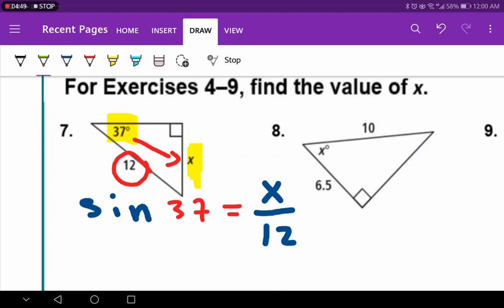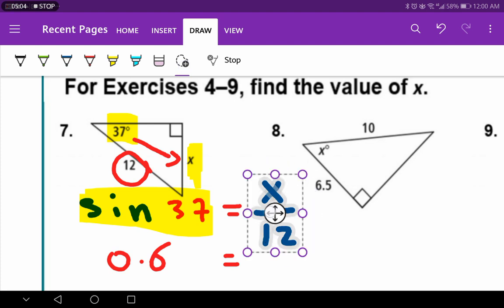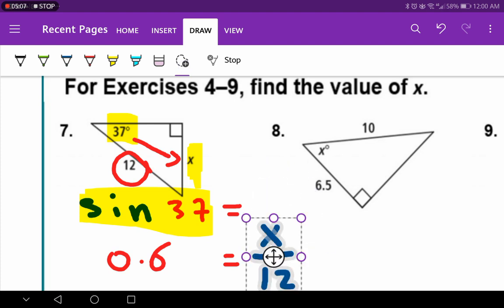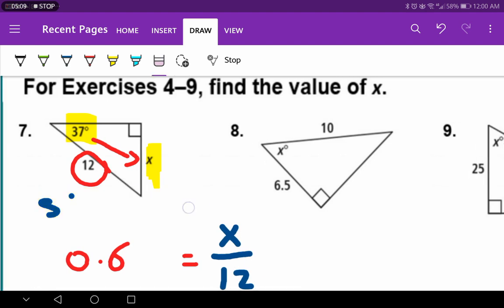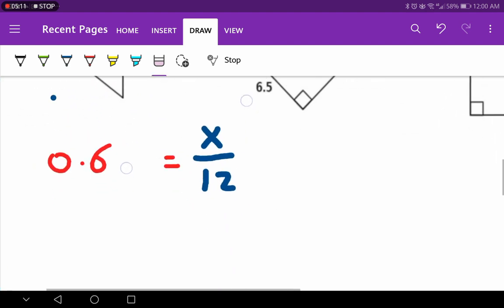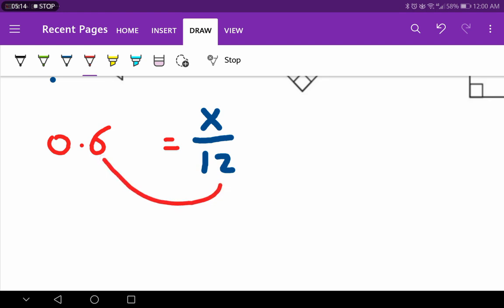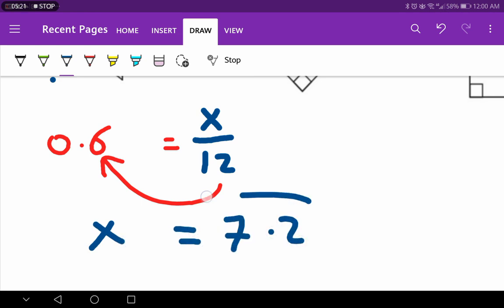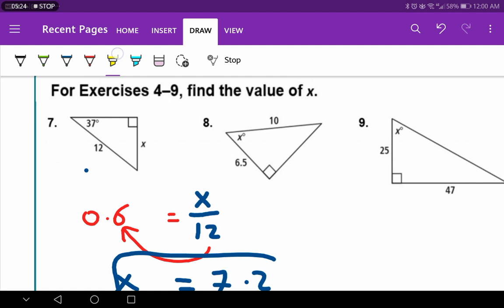I will write it here instead of this, 0.6. Are you happy with that? 0.6 equals x over 12. Now, the last step, my dear student, is to multiply the 12 by 0.6. So x equals 7.2. This is x.